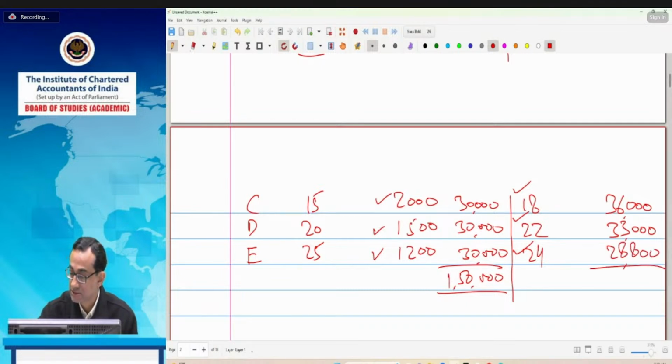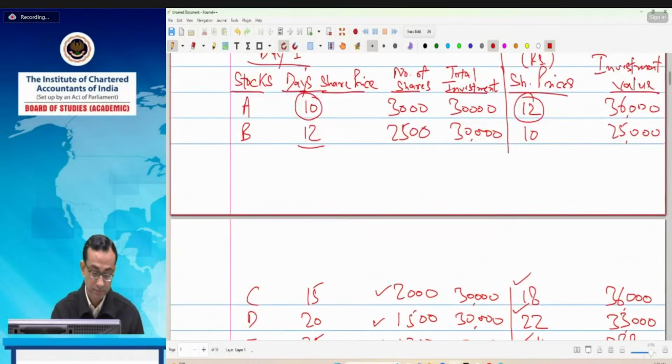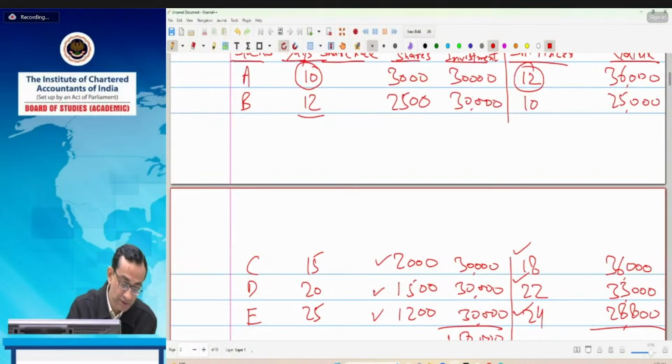So let us add all these figures, the total investment value on day 2. So it is 36,000 plus 25,000 plus 36,000 plus 33,000 plus 28,800.